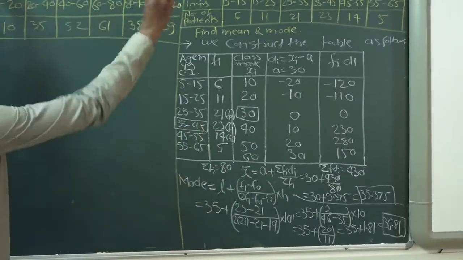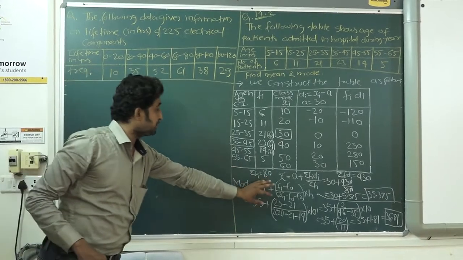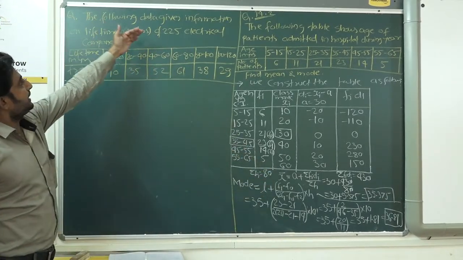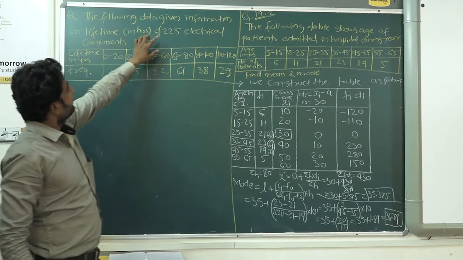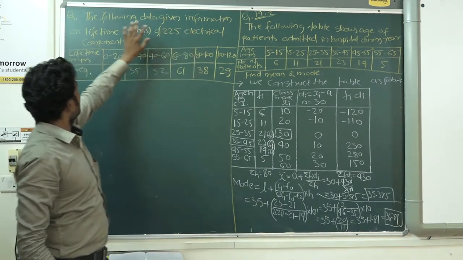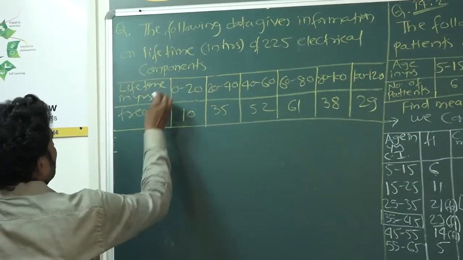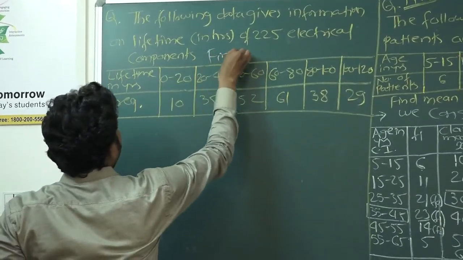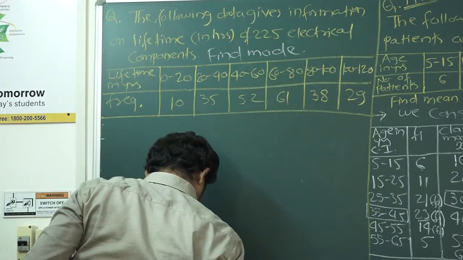Now, dear students, coming to this problem, we are using the same formula over here. The following data gives information on the lifetime of 225 electrical components, and we have to find the mode.